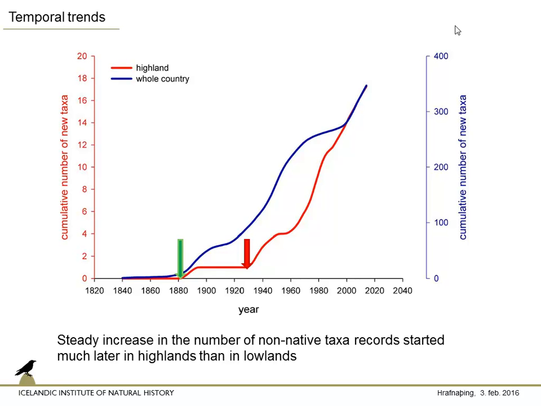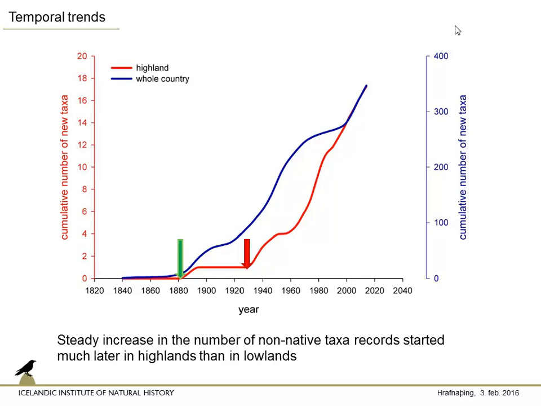But regarding the highlands, and in your study, can you determine any difference in the dispersion, whether it's unintentional or intentional introduction in the highlands, of those species you mentioned? Is there a difference between the distribution of the species?